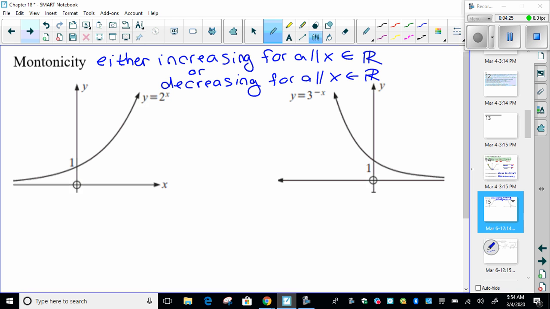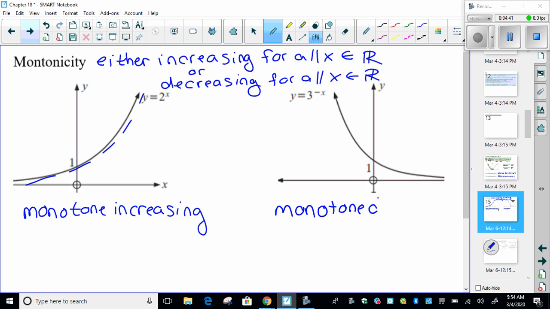So this one is monotone increasing. It's just some vocabulary for you. My slope is never negative. And then this one is monotone decreasing. My slope is never positive. You will hear me not say it's always negative or always positive because it could be 0. So typically you'll hear me say it's not the other one.